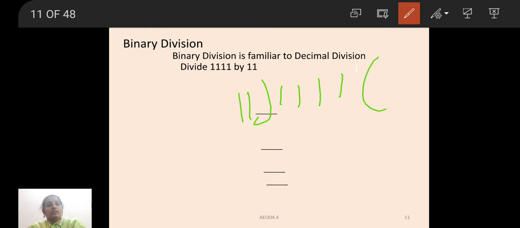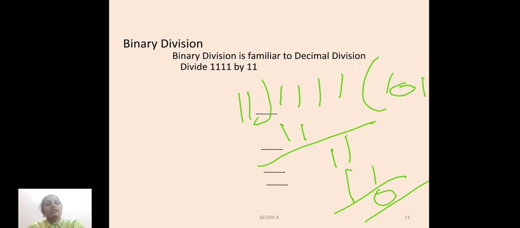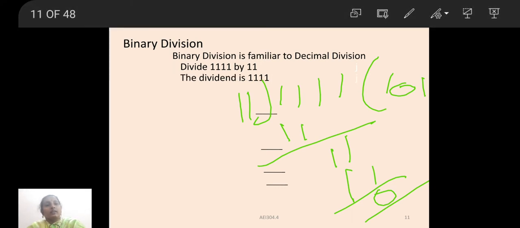So 1 1 by 1 1. If we are taking 1 1 here, 1 1 into 1 is equal to 1 1. So nothing is there here. By putting 0 here, we are accepting 1 and 1. Then by taking 1, 1 and 1, 0. So finally what we are getting here is 1 and 1.